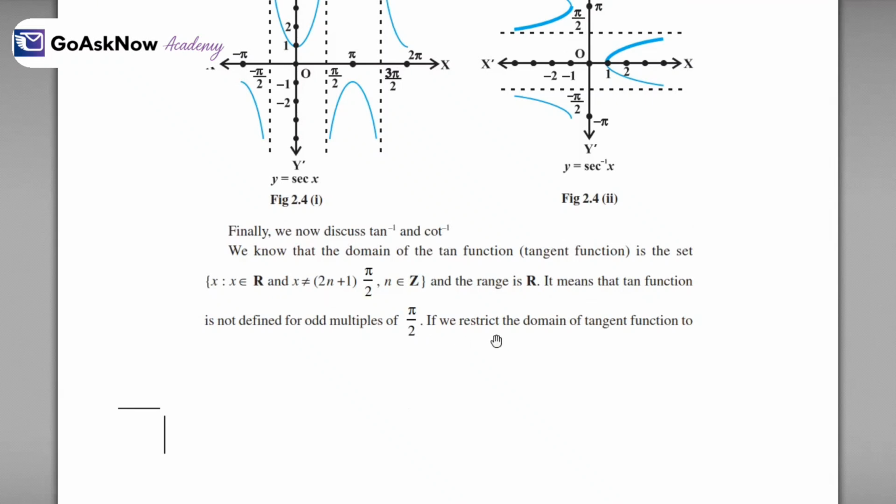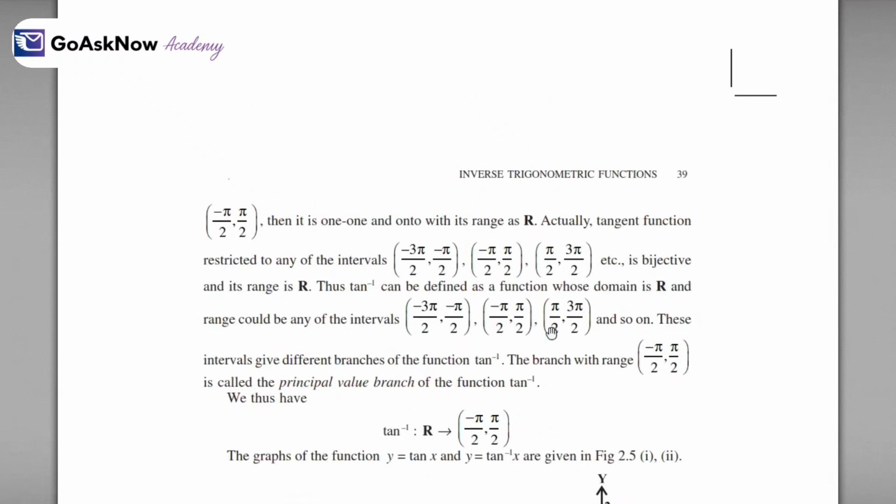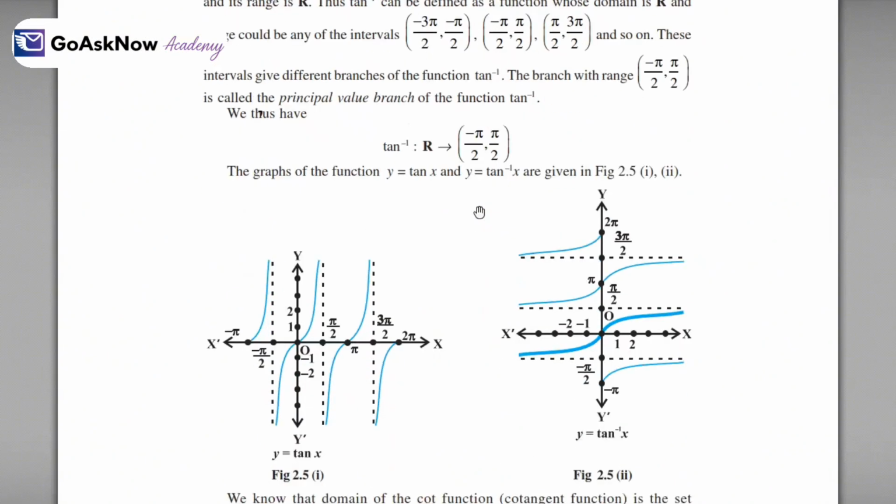If you restrict the domain of the tangent function to minus pi by 2 to pi by 2, then it becomes one-one and onto with its range as the real numbers. We will see how it becomes one-one and onto. See here the graph of tan.